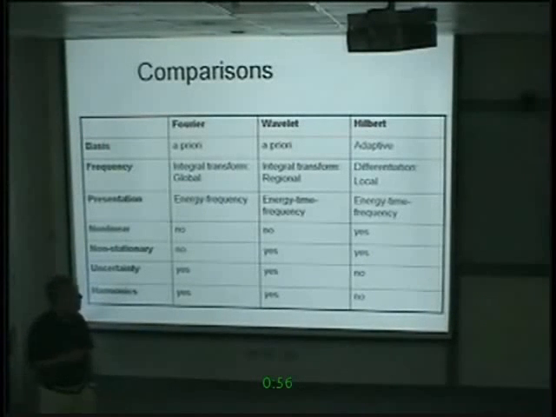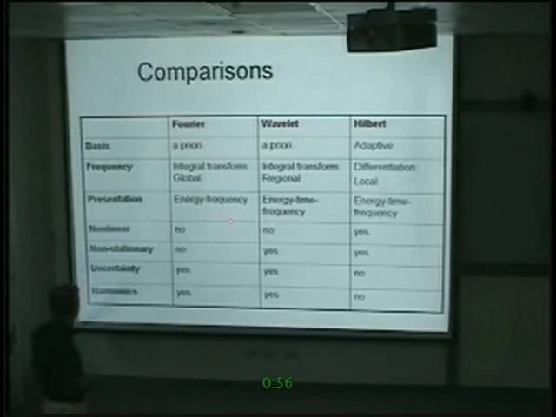And then once we have the data reduced into local frequency, and we have local amplitude, then we can really construct the energy time frequency presentation rather than like a Fourier, like an energy and frequency presentation. So we have time frequency analysis, a real time frequency analysis.